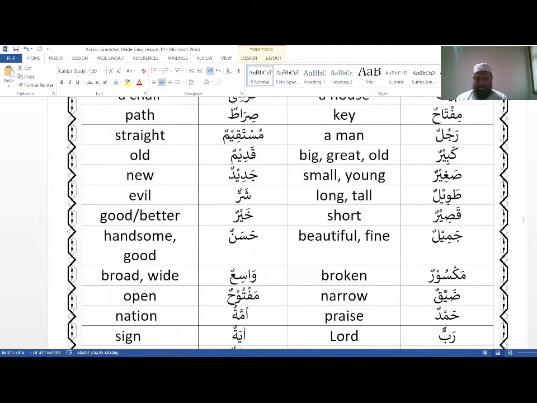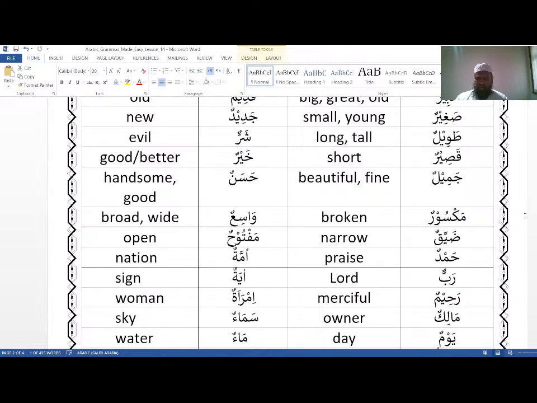The one who brings you up: a father can be rabbun and the mother can be rabbatun. But when we use it as a Lord, no muannas for it, rabbun.